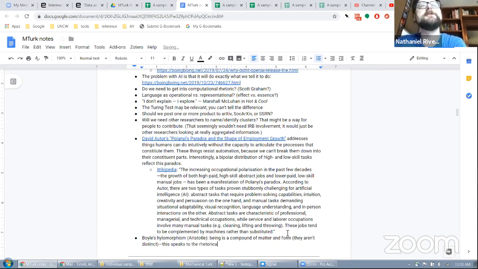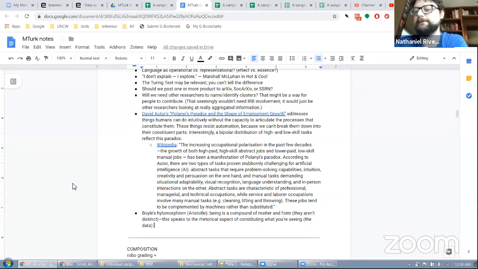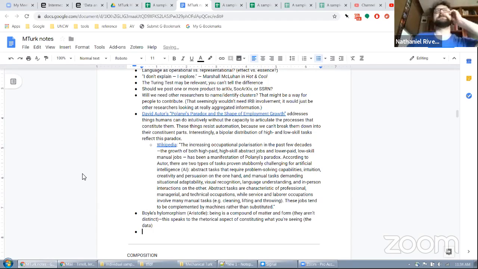In other words, there's not content out there about mechanical Turks that we're then giving a form. It isn't data until it's constituted as data. Which is why Johanna Drucker has a piece where she makes the case, particularly for digital humanities, to use the word capta as opposed to data. Which basically is a nod to the fact that there's not data out there that we're collecting, but it's always being formed by the activity of collecting it.